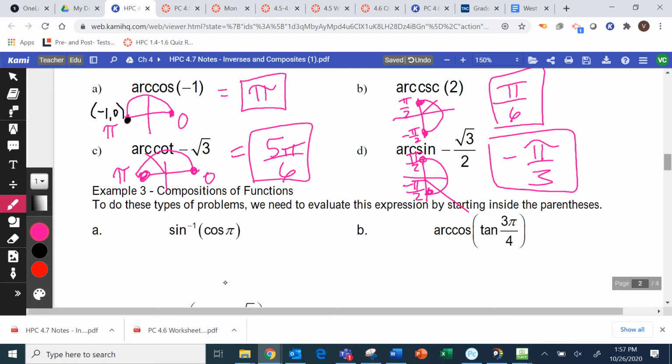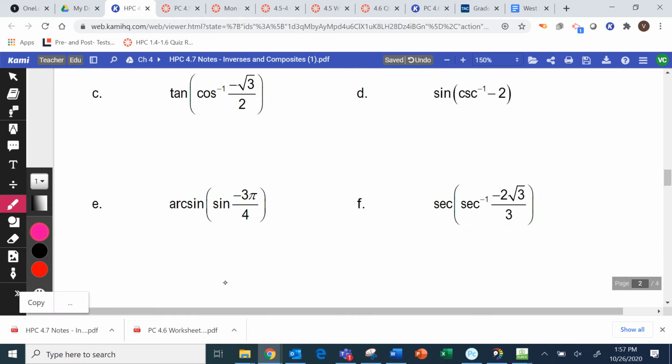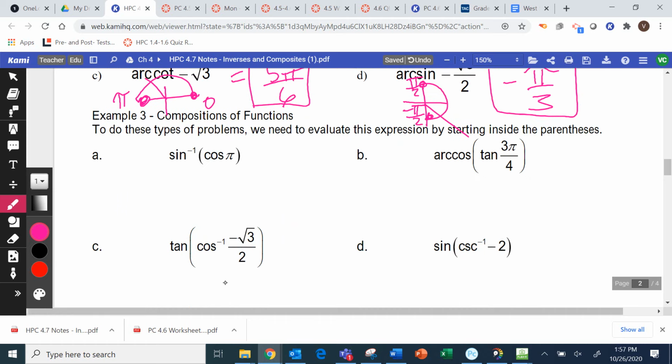All right, and then we have compositions of functions. When you have compositions, we do the inside first. So question A, I'm going to find the cosine at pi first. What's the cosine of pi? -1. So all I do is get rid of that cosine pi, and I never ever look at it again, and I forget it ever existed. Okay? Then now I have a new question.